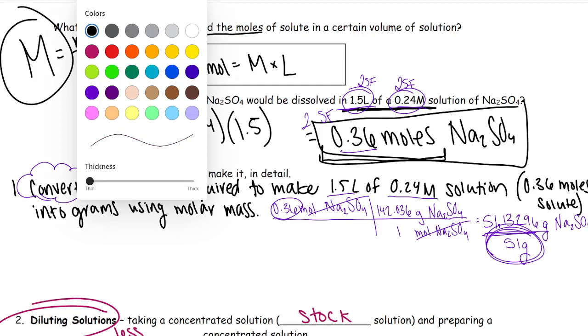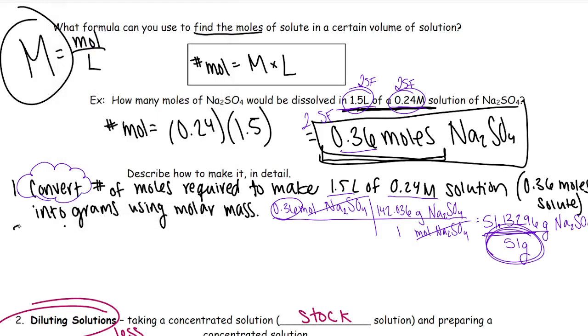So let's say you're standing in lab and I'm asking you to make me 1.5 liters of a solution that has a concentration of 0.24 molar. What would you do? The first thing you did was convert. Okay, great. Now what?